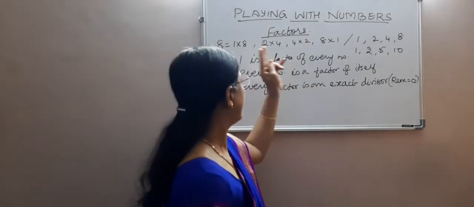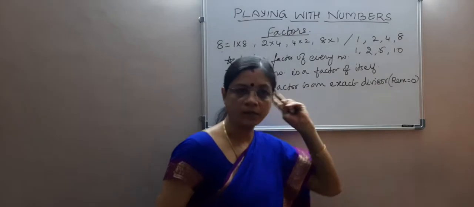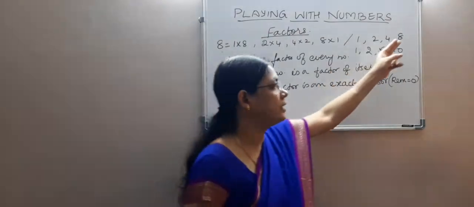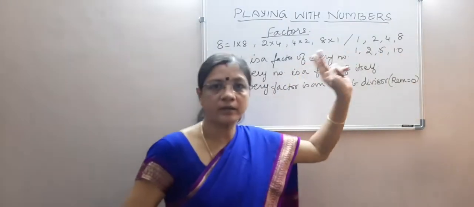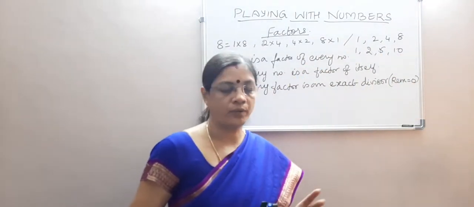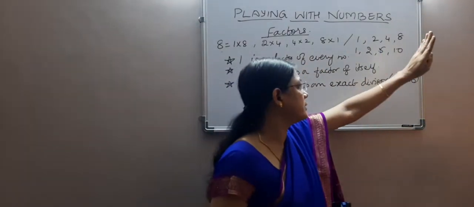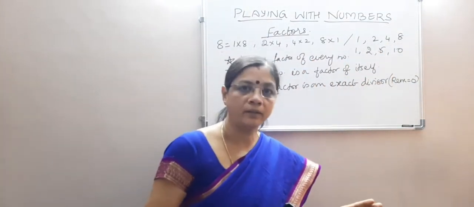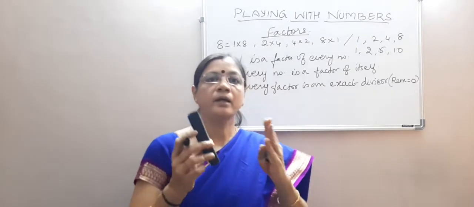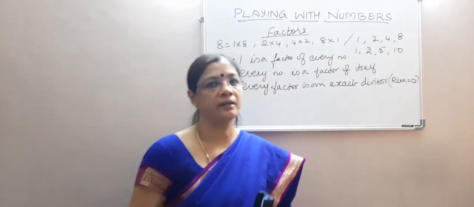Next thing is, I list out some numbers as factors, isn't it? Do you have any other number beyond 10 when the factors of 10 were listed? No, we don't have. So up to 8, now up to 10. What does it mean? The factors are always equal to or less than the number.